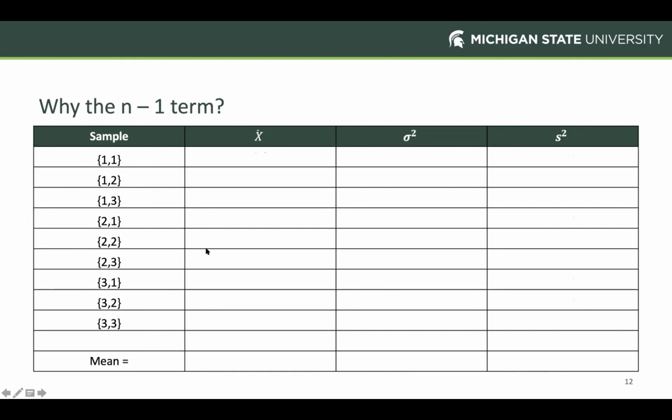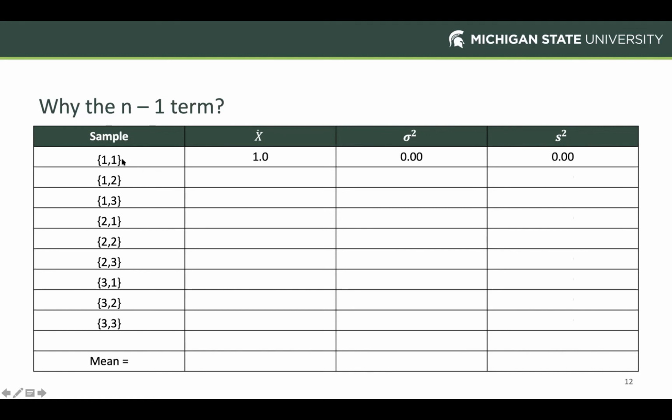What we're going to do, simply speaking, is take each of these individual samples, calculate the sample mean, and then calculate the variance using both the population formula, so dividing by n, where in this case n, whether capital or lowercase, is just referring to 2, and then in the case of the sample variance, we'll take that quantity and divide it by n minus 1, okay?